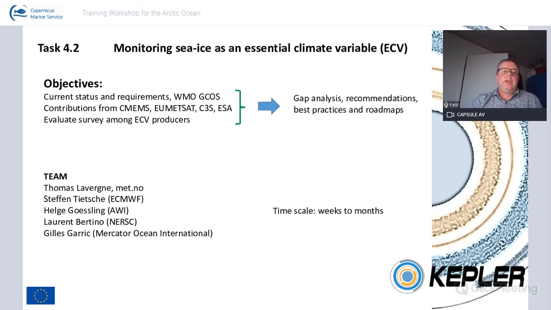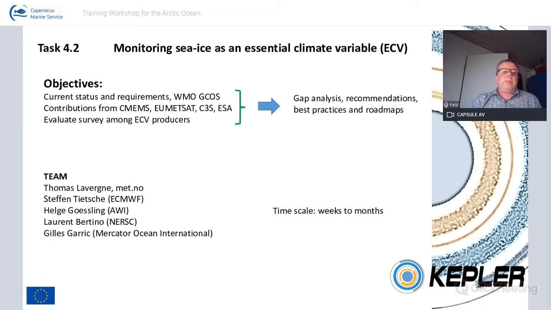Let's go to task 4.2 on the essential climate variables. Again, the approach was to go through the status and requirements, the current status, but also the team would like to do a survey between the different producers of these essential climate variables, because in Europe there are actually four: Copernicus, EUMETSAT, C3S, and ESA.